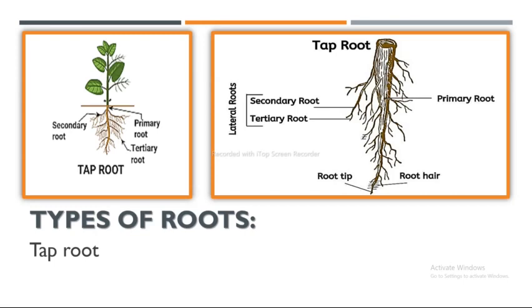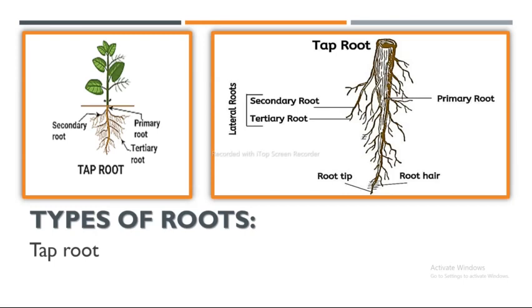In the second figure you can see the main root of the plant, the primary root, which is also known as the taproot, and this primary root branches off to produce secondary roots, and secondary roots in turn branch off to produce tertiary roots. Both these secondary and tertiary roots are known as lateral roots.